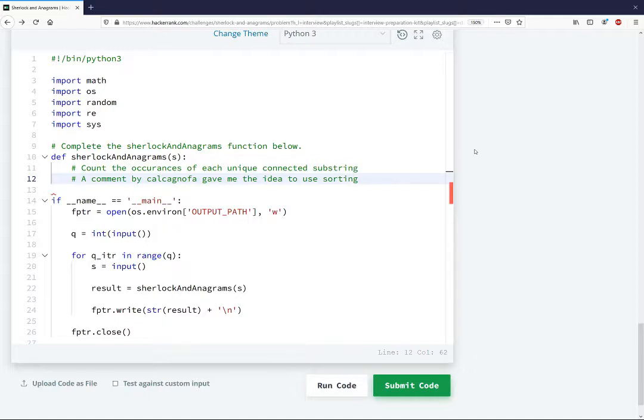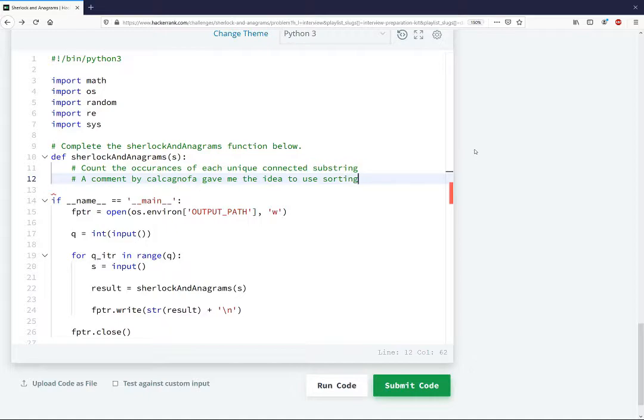So this function that I was looking at, to take two strings and see if one is an anagram of the other, is really not necessary, because what you can do is just take these two strings and sort them. And if the sorted strings are equal, then they are anagrams of each other.